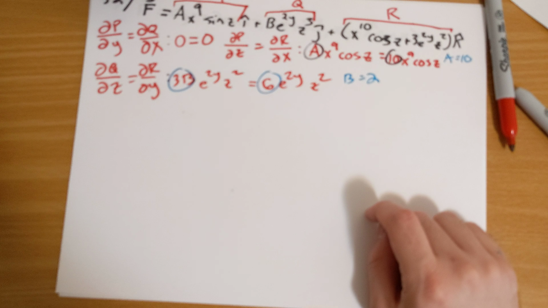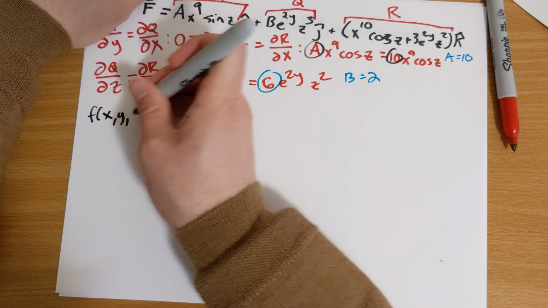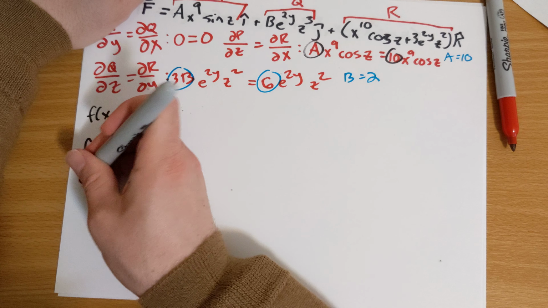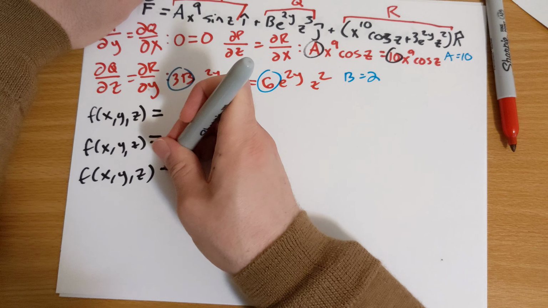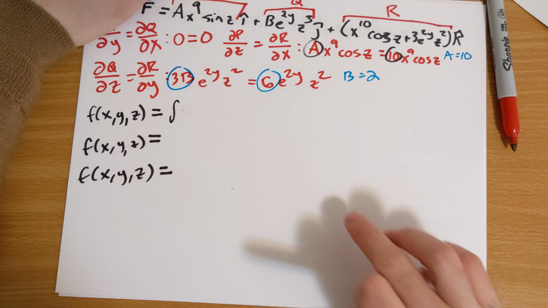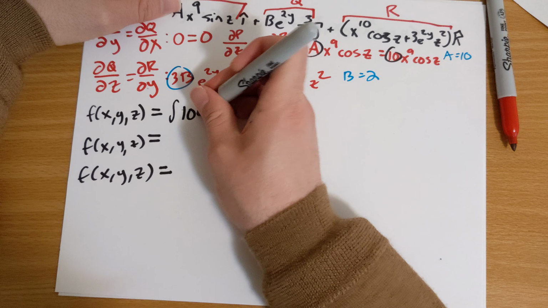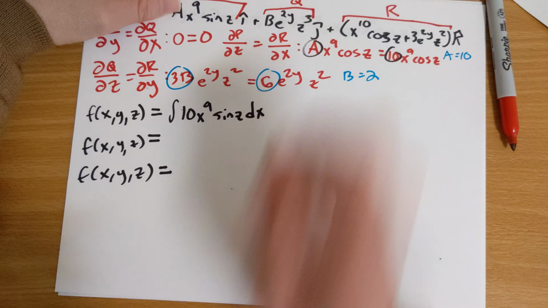For part B, we need to find a potential function. How do we find a potential function, f of x, y, z? I'm going to write it out in 3 different ways here. It's going to equal the integral of this first component, which is now, since A is 10, 10x to the 9 sine z, where we integrate with respect to x.